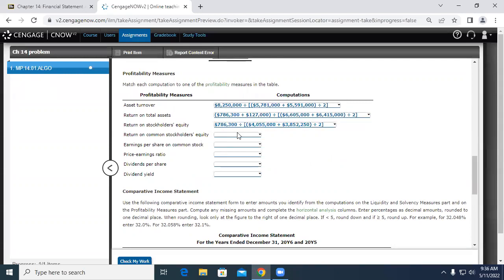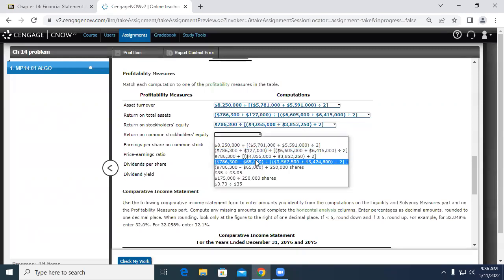Next number is return on common stockholders' equity. It starts with the same calculation as return on stockholders' equity, but in the numerator we subtract the preferred stock dividends of $65,000 in this case. And in the denominator, we subtract the preferred stock contributed capital.